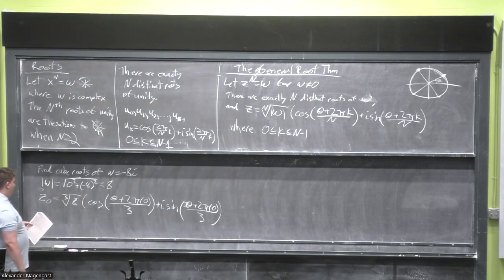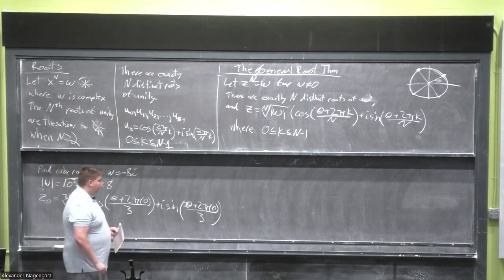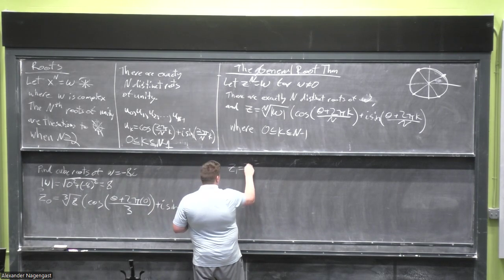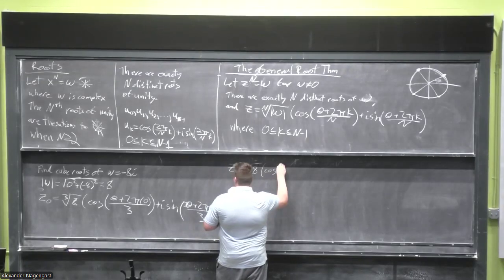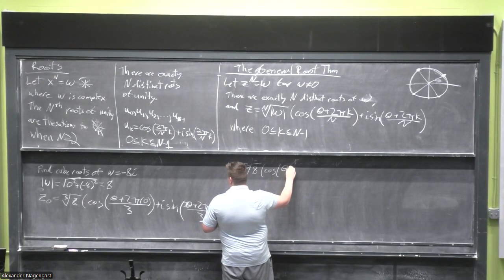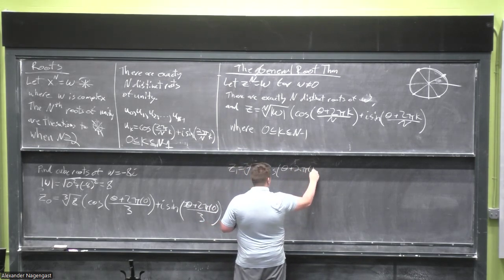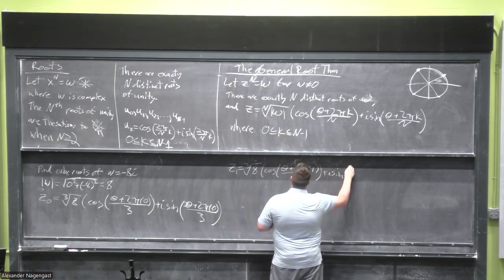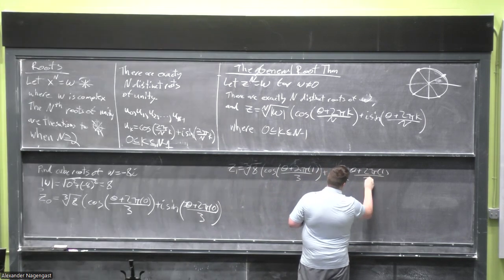And now let's do z1 equals, again, the cubic root of 8 times cosine of theta plus 2 pi times 1 all over 3 plus I sine of theta plus 2 pi times 1 all over 3.